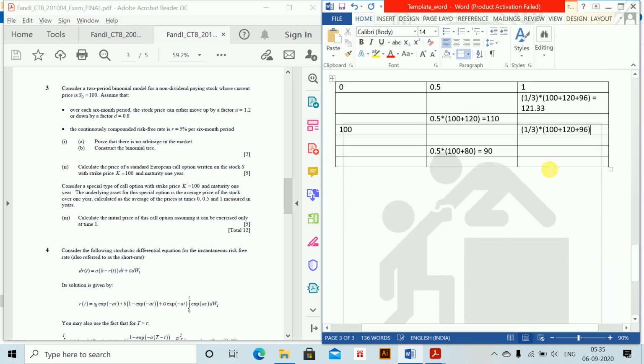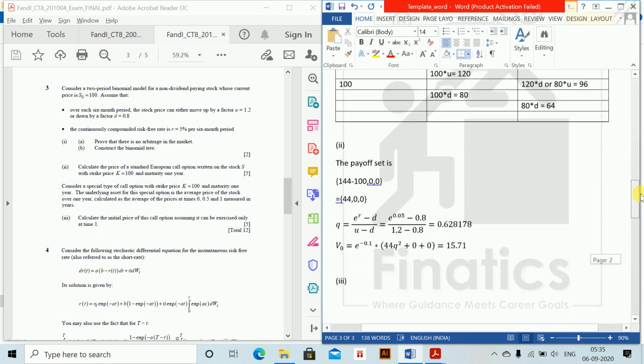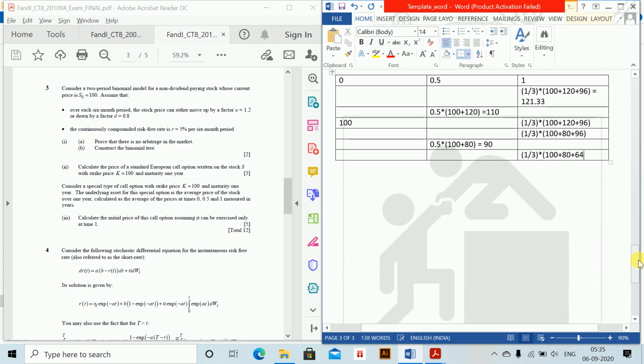Then coming here also, this is going up again, 1 by 3 into 100 plus 90 plus 80 plus 96, and when I come down, 1 by 3 into 100 plus 80 plus, what was it, down 64, which is equal to 81.33.